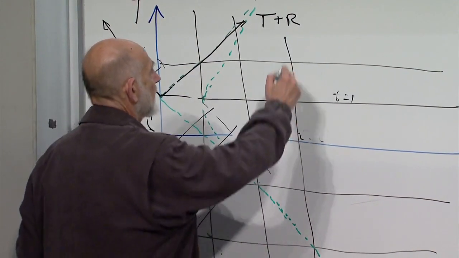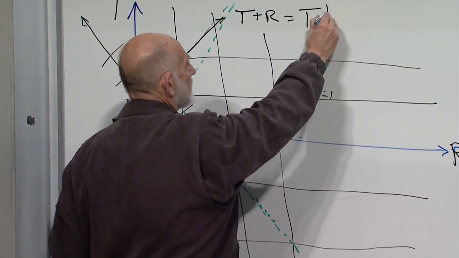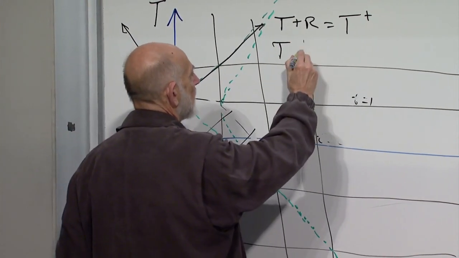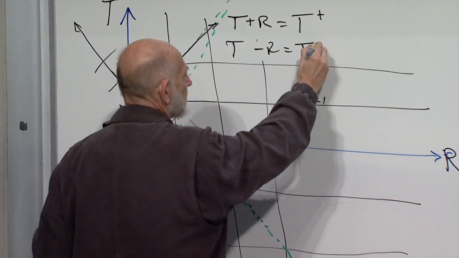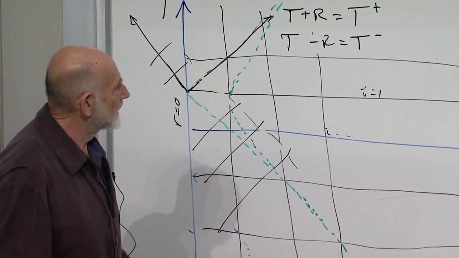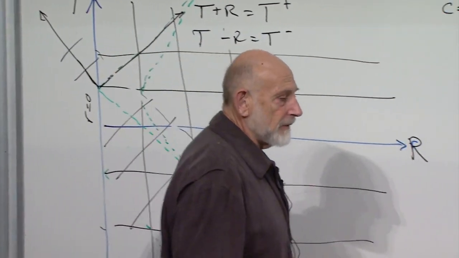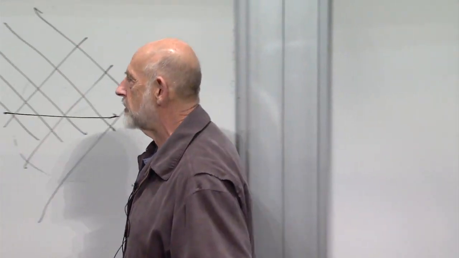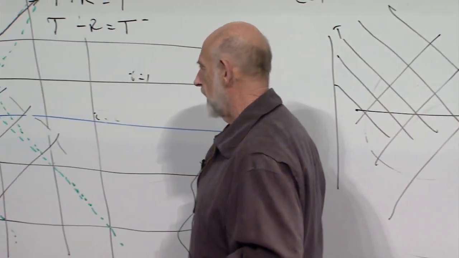T plus r is called t plus, and t minus r is called t minus, just as you might expect. So we have a different way of describing the same good old flat space-time. Instead of t plus r and t minus r, we have t plus and t minus.